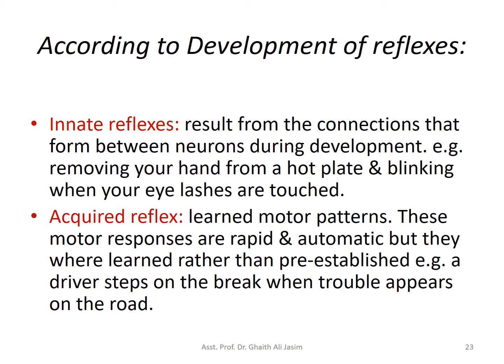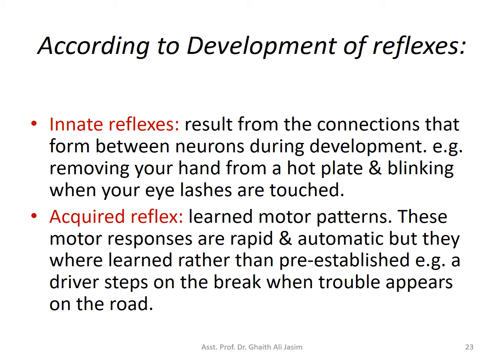There are two types. The innate reflexes result from connections that form between neurons during development. For example, removing your hand from a hot plate and blinking when your eyelashes are touched. These are both innate reflexes.